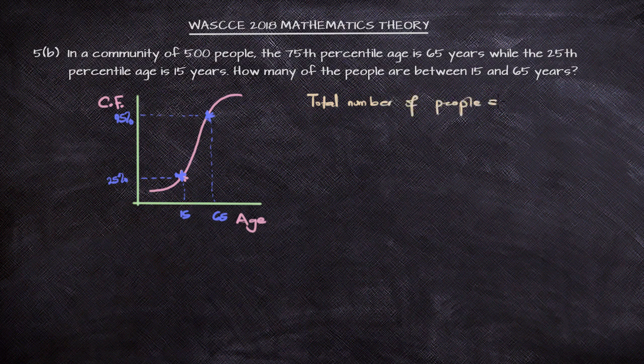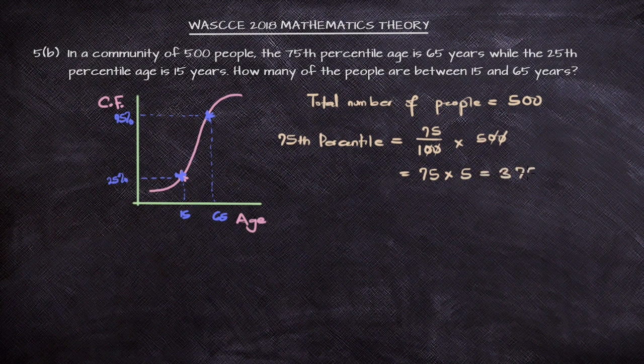So here, the total number of people is 500, and then the 75th percentile will correspond to 75% of 500. So if you cut out, you can have 75 times 5, and that will be 375 people. Okay, and then the 25th percentile will likewise correspond to 25% of 500, and if we also cut out, that will be 25 multiplied by 5, which is 125 people.